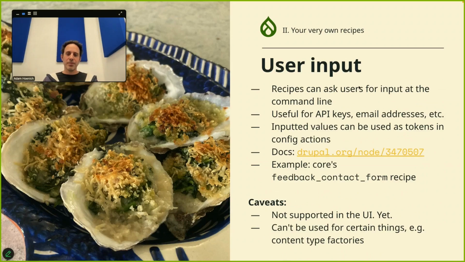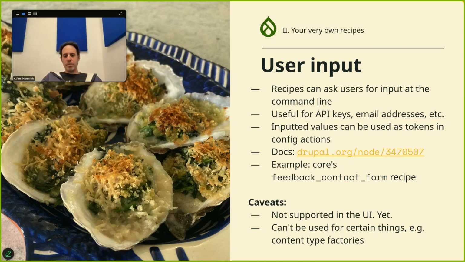One thing that's in 10.3 is that recipes can ask you for input. Adam mentioned asking for an API key, which is a terrible practice because you should keep your API key out of the database. But another good example is email addresses. Adam rewrote the core contact form recipe to ask for what email it should be sent to. That's a great use case.